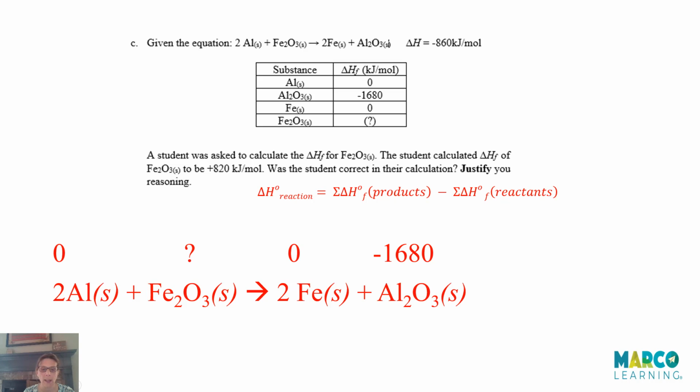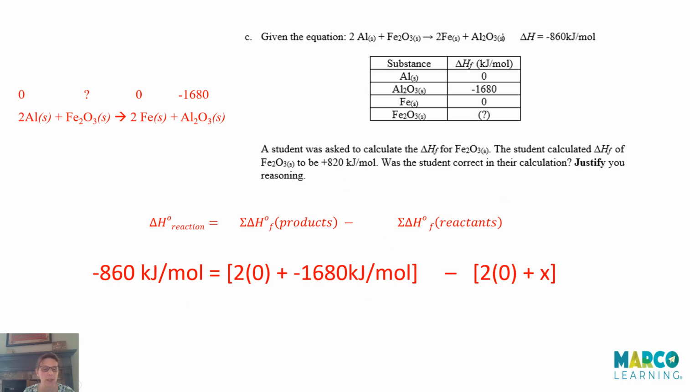And now I'm going to take the products. Now this is where you have to be careful. You want to take the heat of formation of the products over here, products minus the reactants, and just plug those into that formula. So we can see that we were given delta H for the reaction being negative 860. We got that because we were given that value right up here.